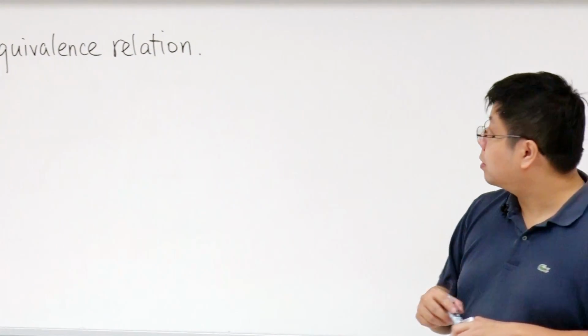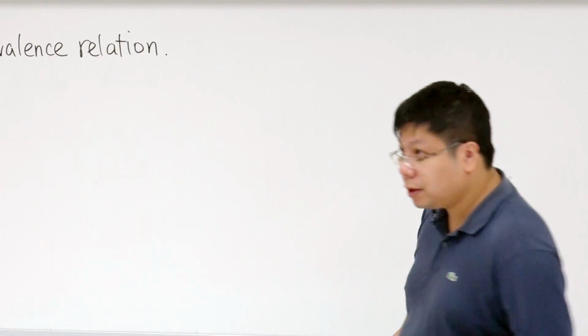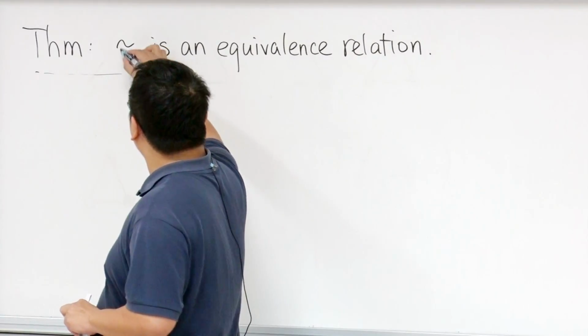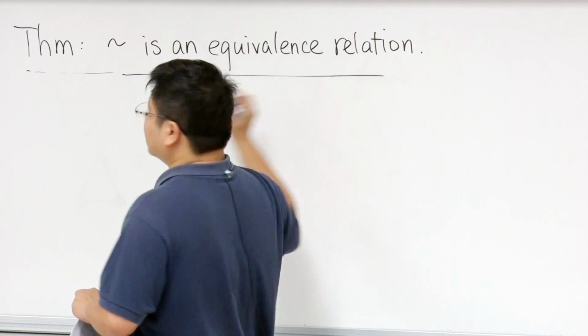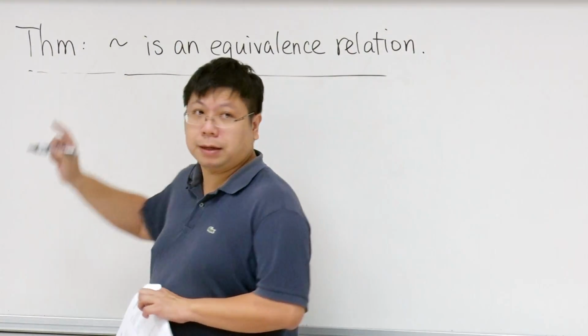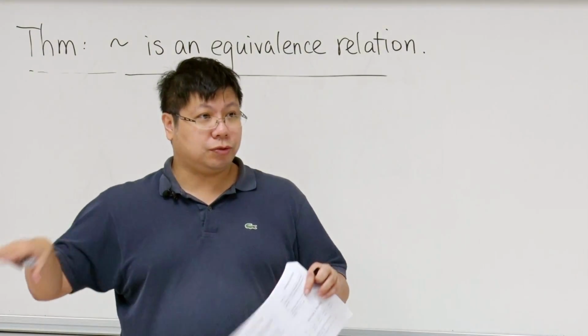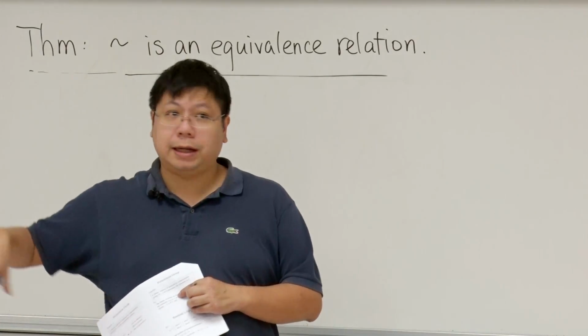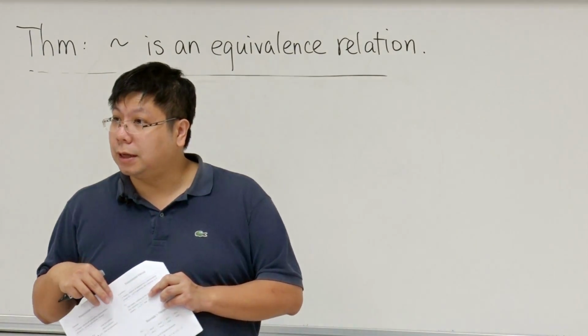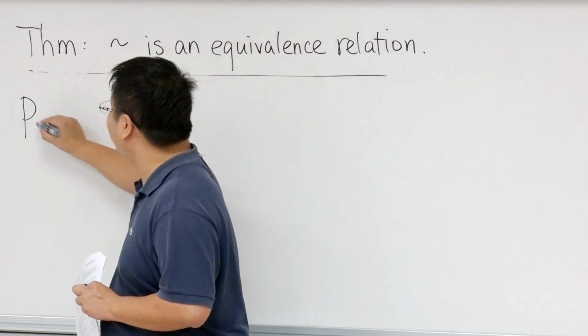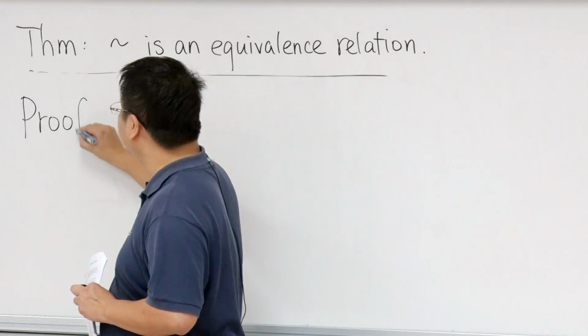So what does that mean? Based on this, the consequence is that we can partition the items in S into different groups. Within each group, the items are all related to each other. We still need a proof for this, and that is easy.